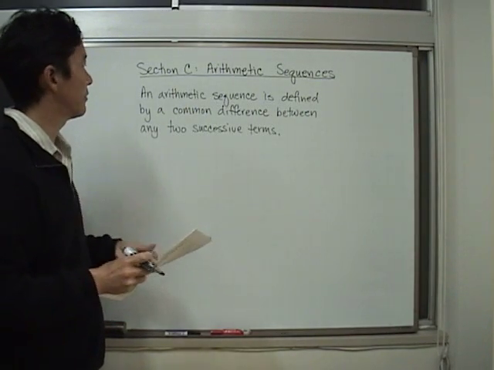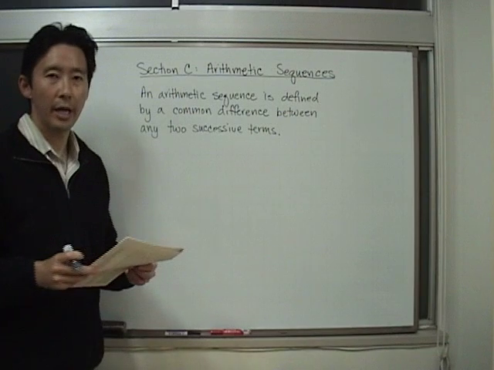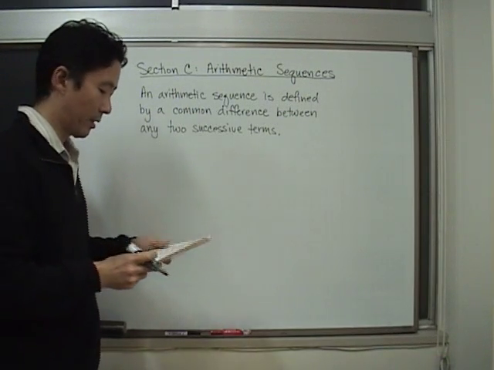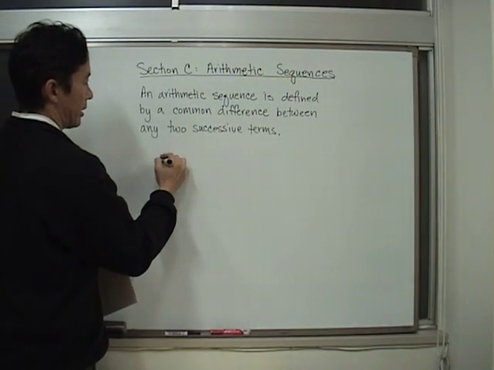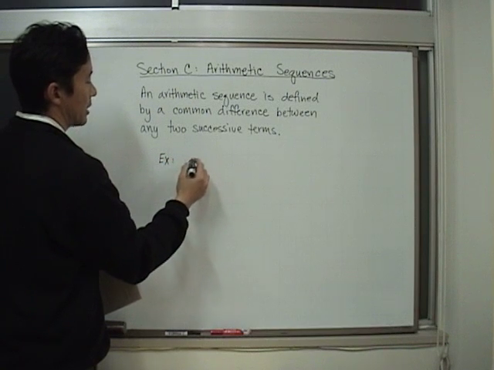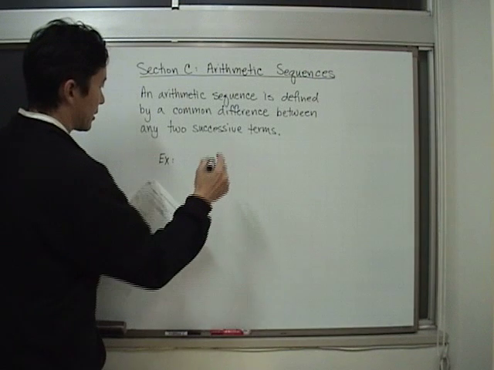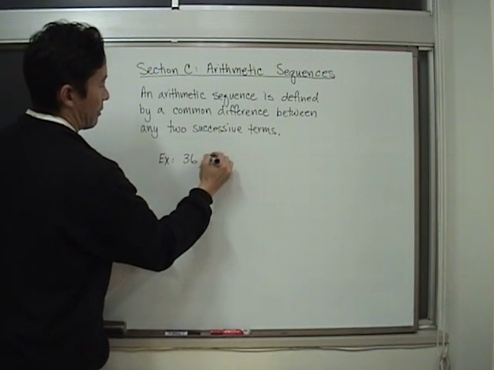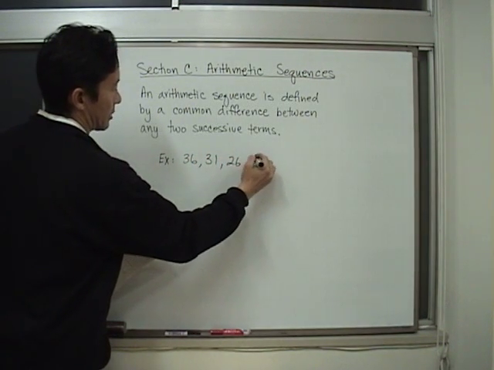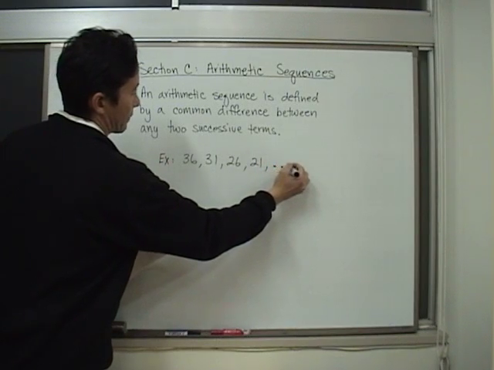It's a sequence defined by a common difference between any two successive terms. Let's take a look at that example again that we had from section A and B. It started off with 36, 31, 26, 21, and onwards.